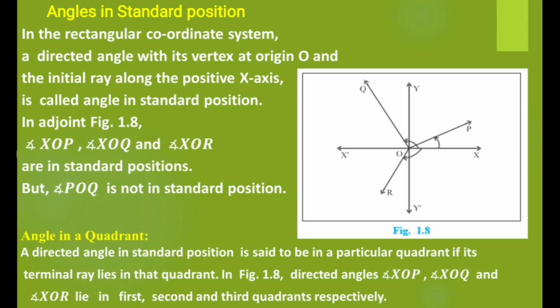That means for angle in standard position we require the positive x-axis, and for angle in quadrant we require the terminal arm. Then the next concept is quadrantal angles.